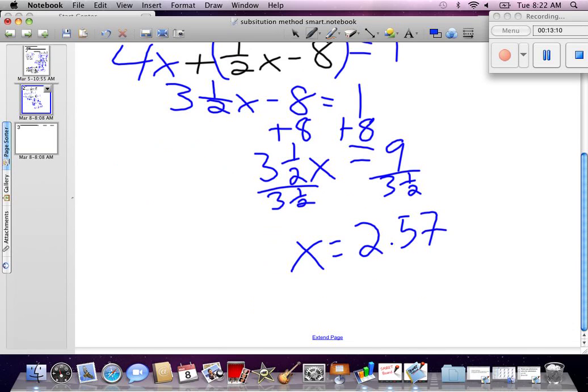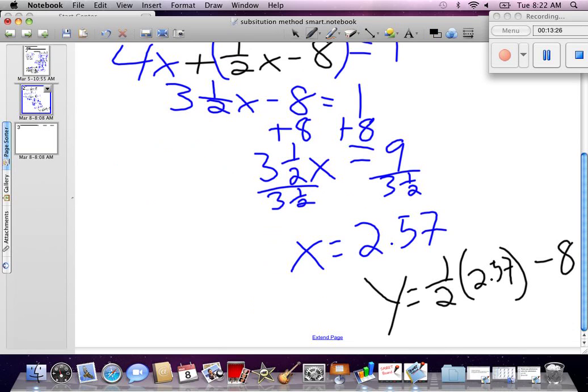Okay, and then I'm going to take that and I'm going to plug that answer in for x. So I'm just going to do it for the first one, but if you do it for the second one, you'll get the same answer. So I get y equals 1/2 times 2.57 minus 8. Yes, honey? You said 9 divided by 3.5.